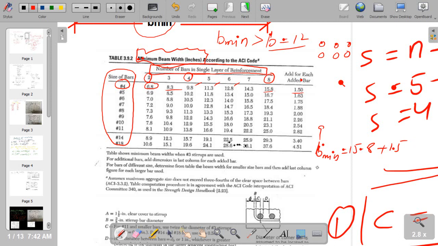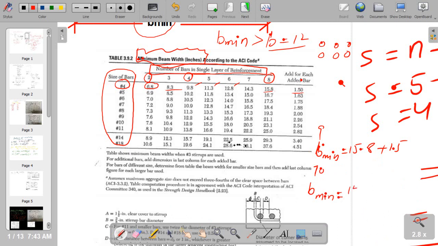But if someone is using 10 bars, number 4, 10 bars in one layer, in that case the beam minimum will be 15.8 plus 1.5 times 2, because for 8 bars we have to provide this width, so we have to add 1.5 for each extra bar.